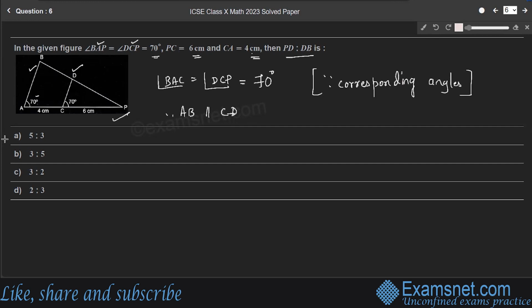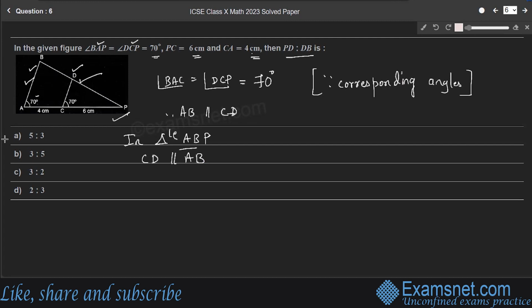Now consider triangle ABP. So in triangle ABP, so let us use Thales theorem, so basic proportionality theorem. So if a line is drawn parallel to one side of a triangle, here line CD is drawn parallel to one side of the triangle, which is AB, right? So in triangle ABP, CD is parallel to AB. A line is drawn parallel to one side of a triangle, intersecting the other two sides in distinct points.